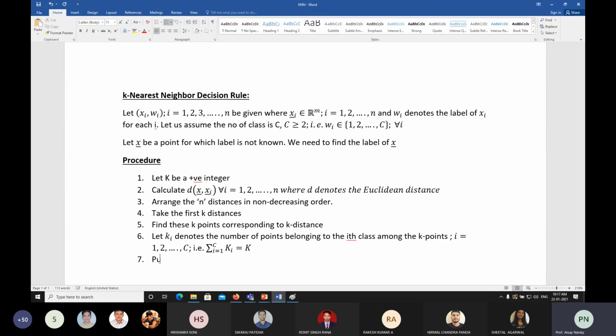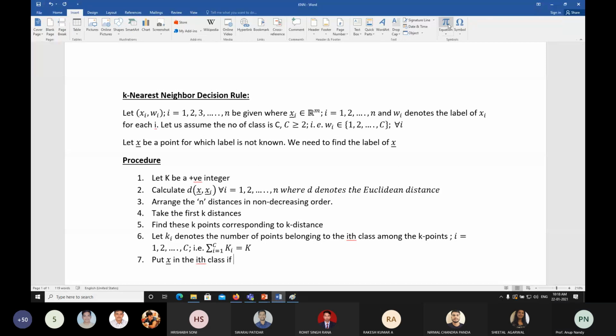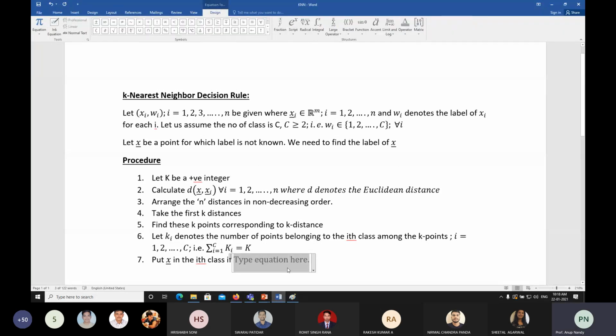Now you put X in the ith class. Here we are doing this majority voting technique.